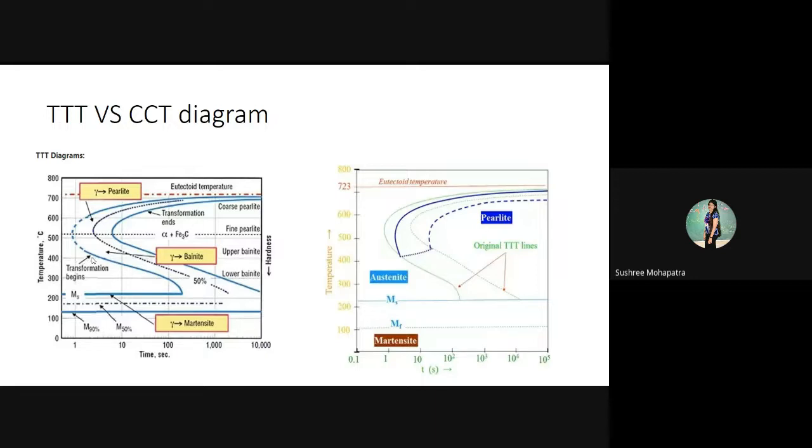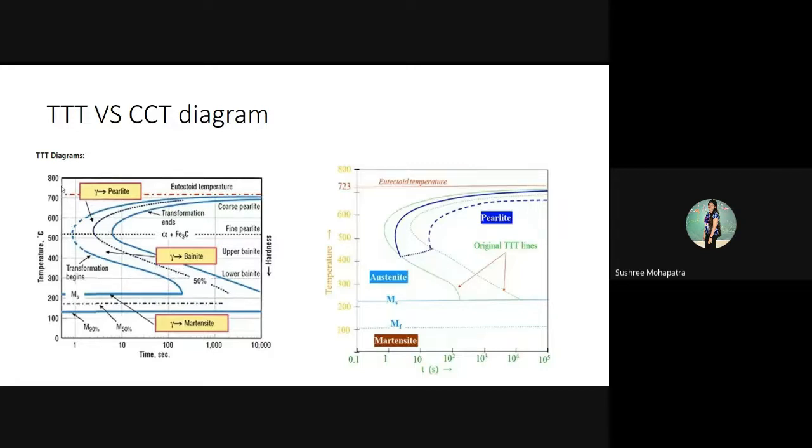The moment it reaches this point, austenite will start transforming into bainite. Which kind of bainite? You can see, upper bainite basically. But the transformation has not completed here. When you reach this temperature, all the austenite will have transformed into bainite. So this is the finish line, right? In between, you have austenite plus bainite.